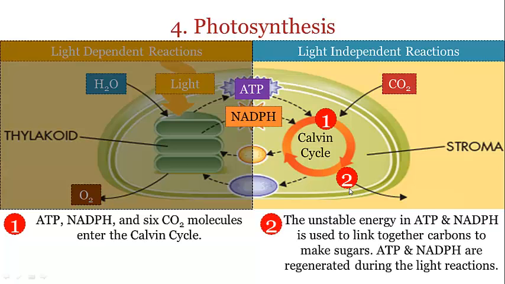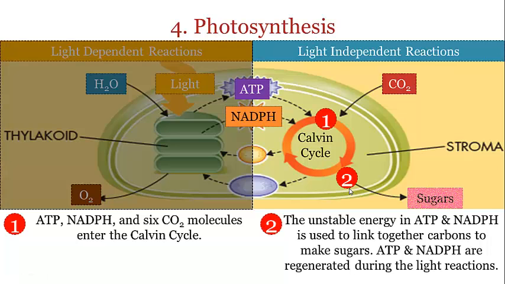Next, the unstable energy of ATP and NADPH is used to link together carbons to make sugars. So the carbon comes from the carbon dioxide. We link 6 of those together to make glucose. ATP and NADPH are used up during this process. They're like rechargeable batteries.